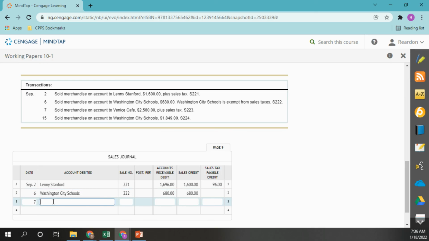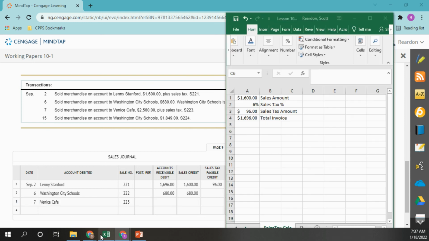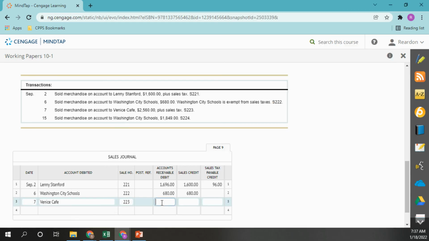Number 7, Venice Cafe, 223. Let's go back to our little handy dandy thing here. We sold it for $25.60, with 6% sales tax. $153.60 is going to be our sales tax amount using my calculator here. Total invoice $2,713.60.